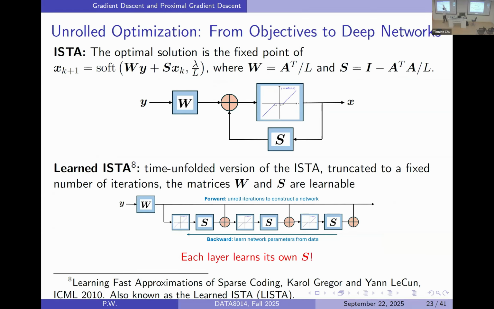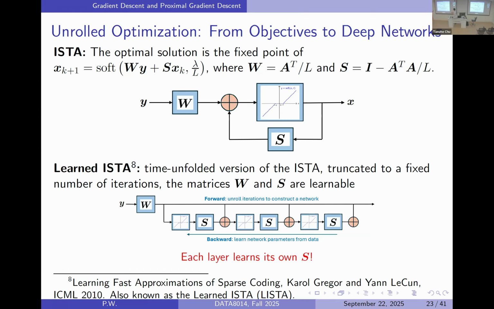The solution is a fixed point of this equation, which is the update of proximal gradient for the Lasso problem. W is this one, and S is this, and you can plot the update of one proximal iteration. First apply W to the input y, then pass it to here, and then apply a soft thresholding.